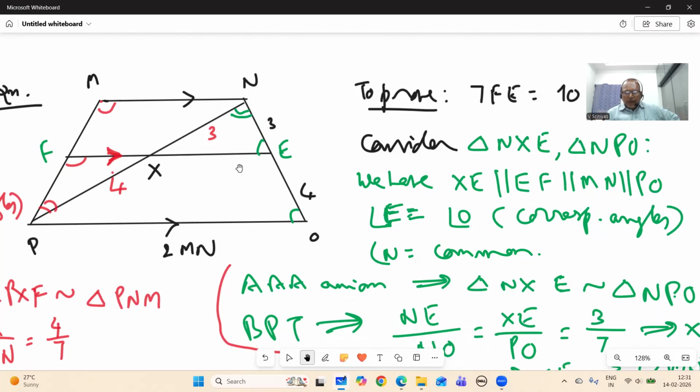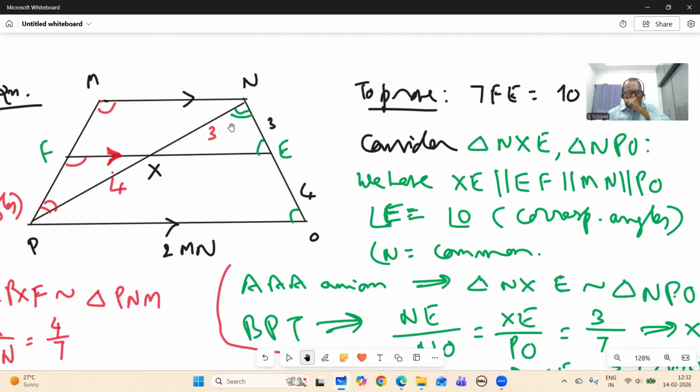And what we did, we showed that XE is parallel to PO. How? XE is part of FE, and FE is given parallel to MN, and MN is given to be parallel to PO. That's how XE will be parallel to PO. These two are parallel sides, this is a transversal, and this is a pair of corresponding angles.